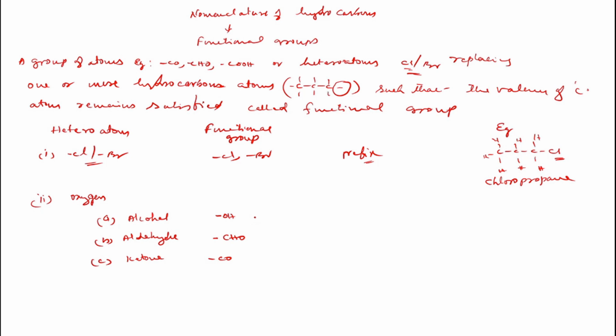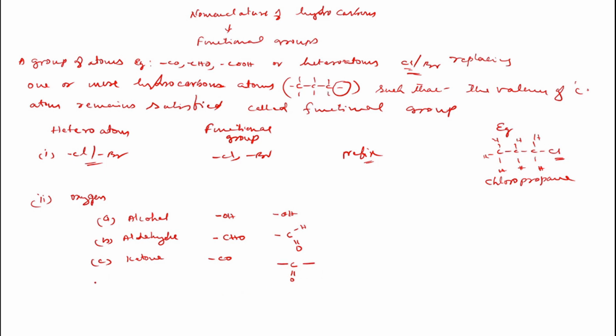You have to learn how to write the structure of alcohol, aldehyde and ketone. Alcohol, no problem, one single dash OH, but aldehyde you have to write like this. This is the structure of aldehyde. Ketone you have to write carbon, double bond O, single bond, single bond.